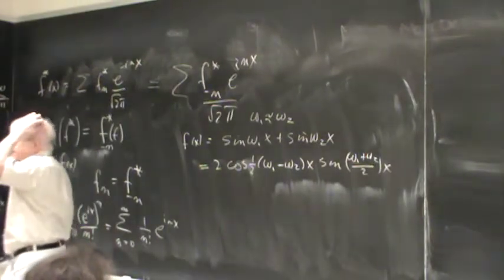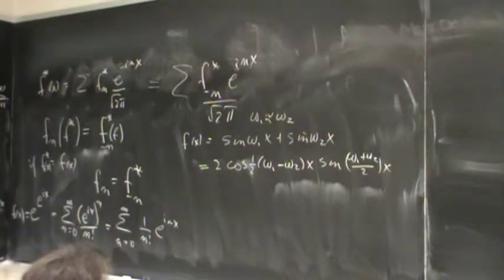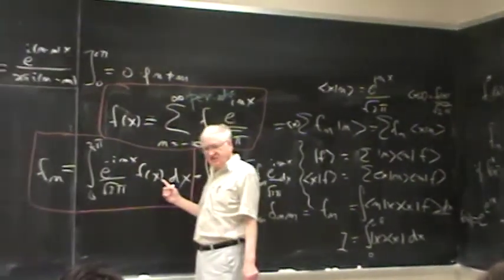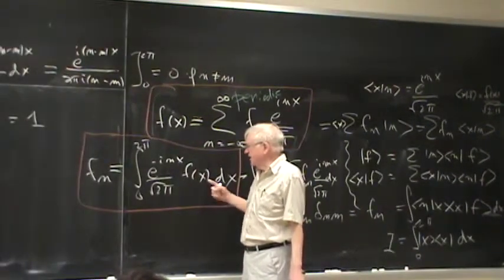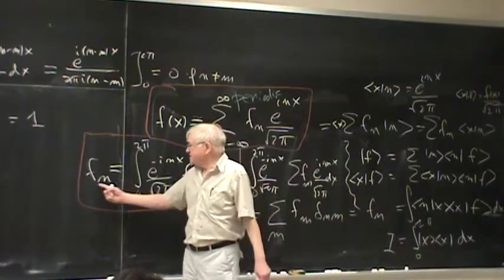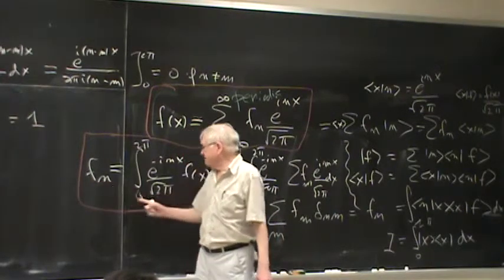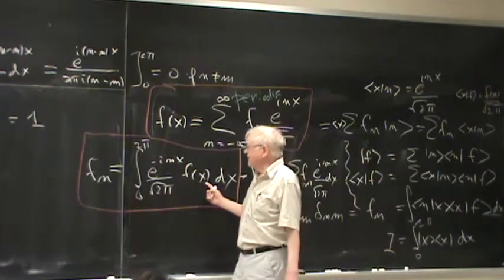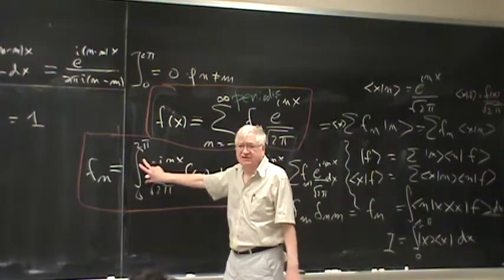One detail is that I chose the original interval to be 0 to 2 pi. All these intervals were 0 to 2 pi. Well, suppose the function f of x is periodic with period 2 pi. Then the coefficients f sub n are going to be independent of which 2 pi interval we choose.